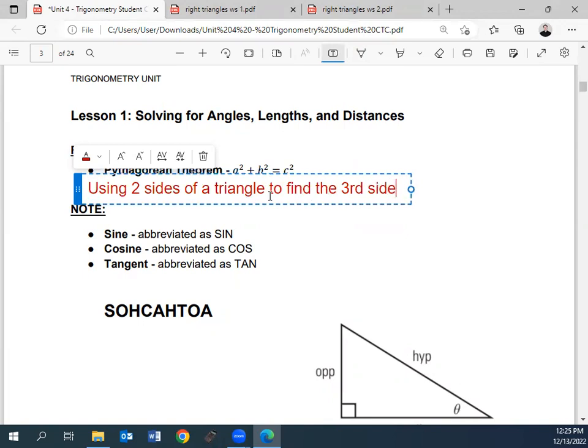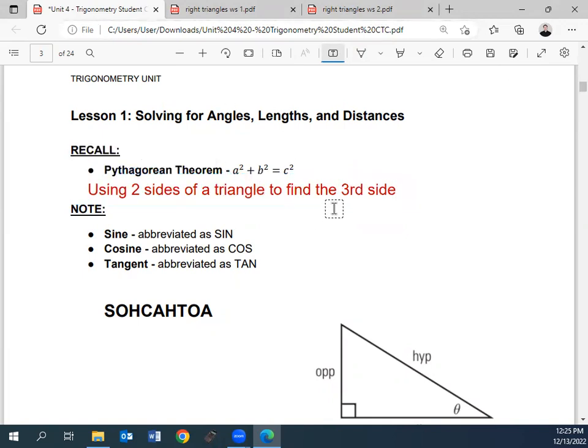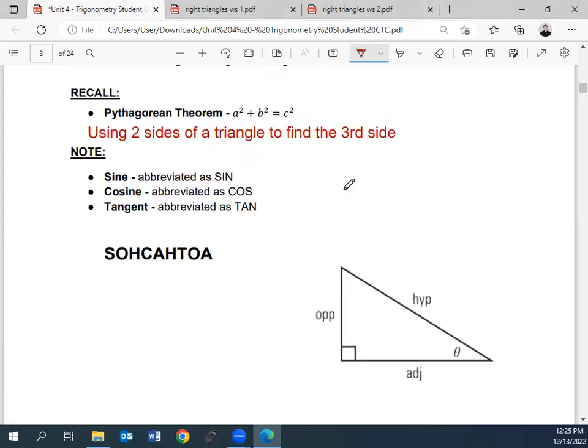If you're trying to find the length of one of the sides of a triangle and you have two of the three, you can always figure out the third, as long as it's a right triangle. So that's what the Pythagorean theorem is.